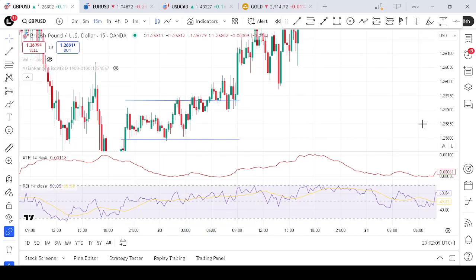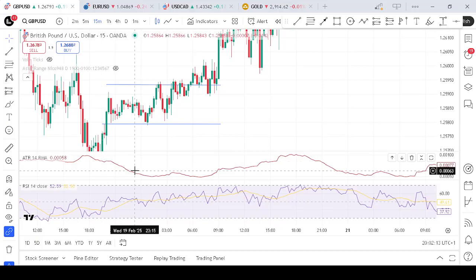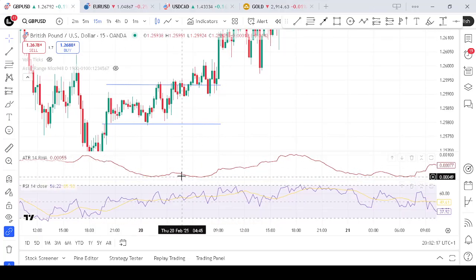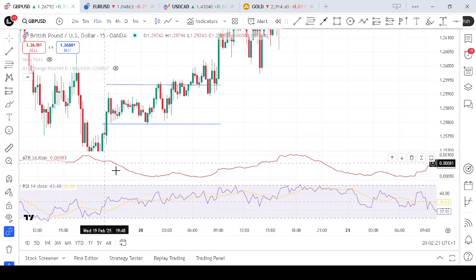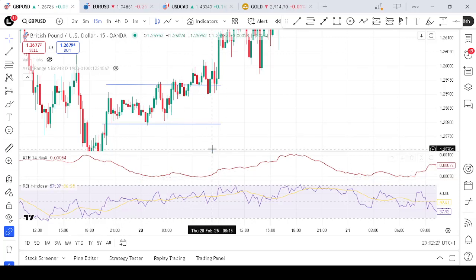The moment price is consolidating, our ATR is showing a decline. As you can see, there is a decline in the volume of traders or volume of people in the market. The volume is low, so the ATR is showing a decline.